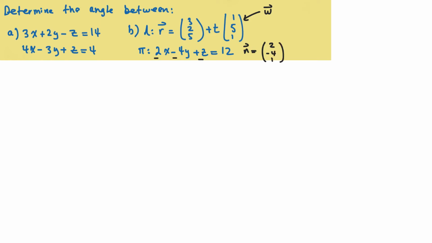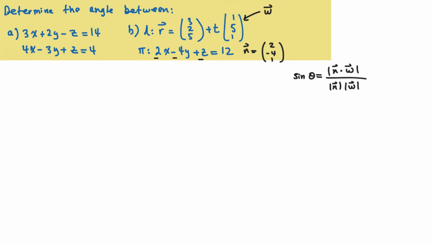Once we have this, I'll write the equation here: sine of the angle theta is going to equal the magnitude of the dot product divided by the magnitude of the normal vector and the magnitude of the direction vector.